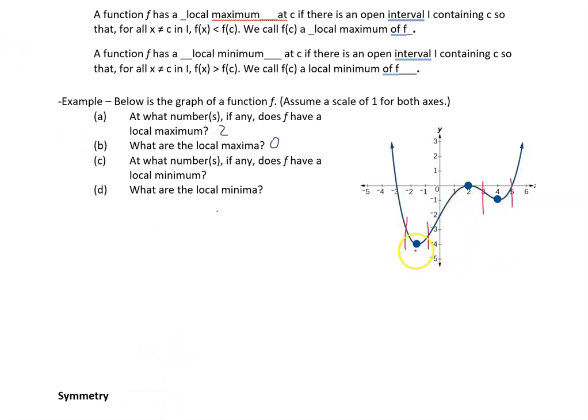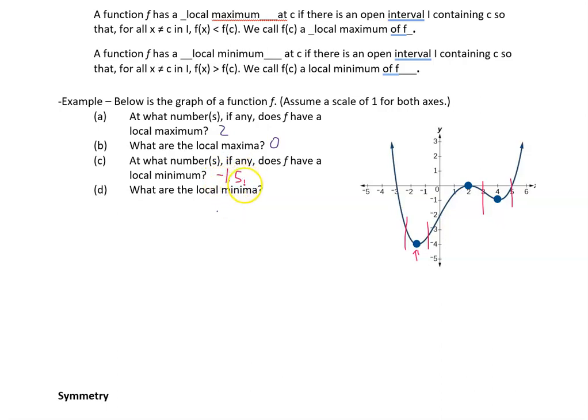So let's start by looking at this one right here. First thing we want to do is identify at what number that local minimum occurs. Well, you can see it falls about halfway between -2 and -1, so we're going to say that it occurs at -1.5.